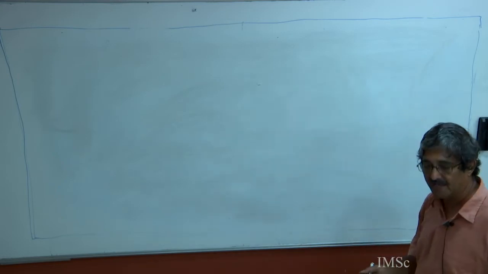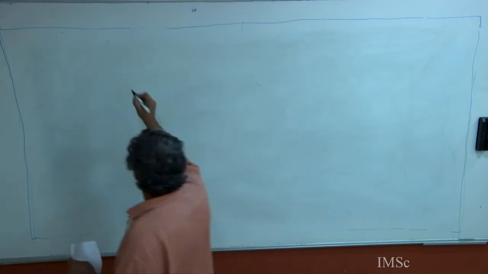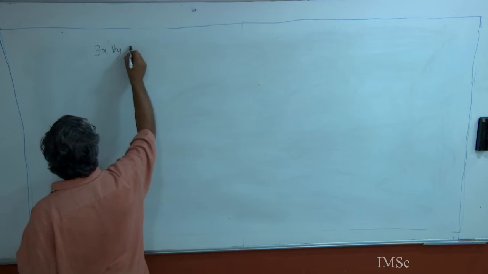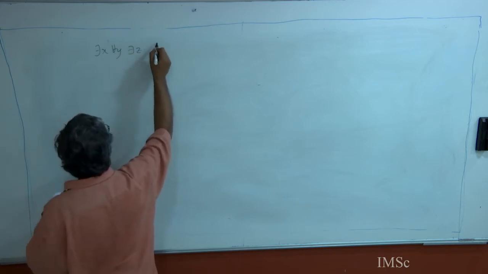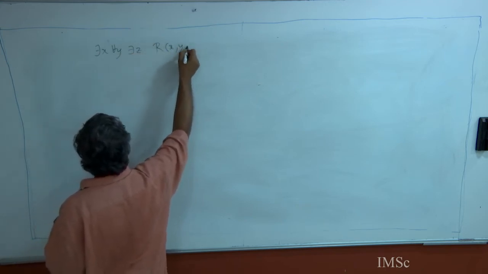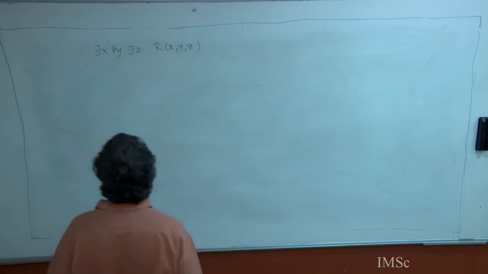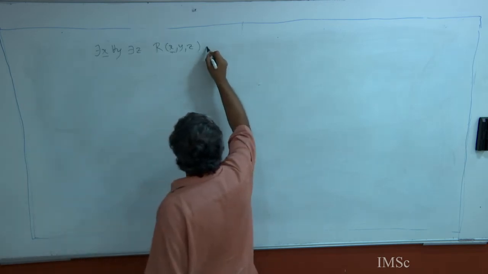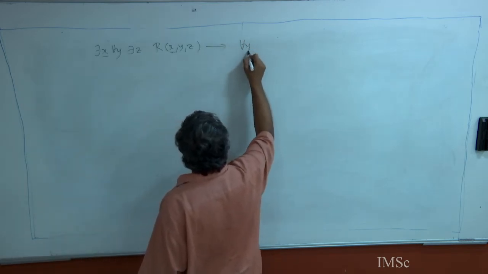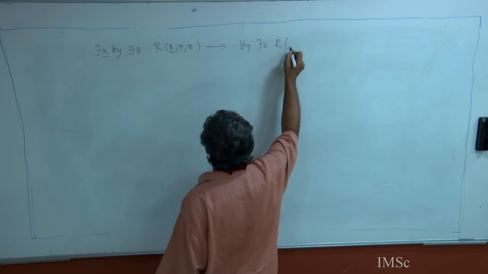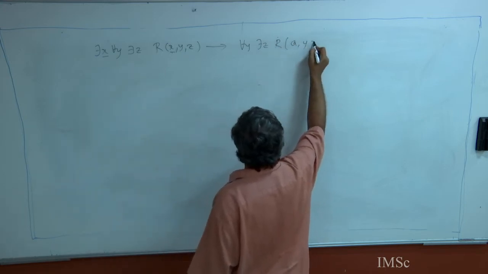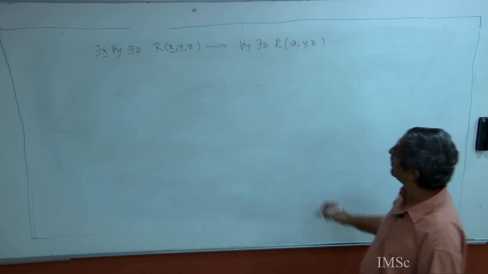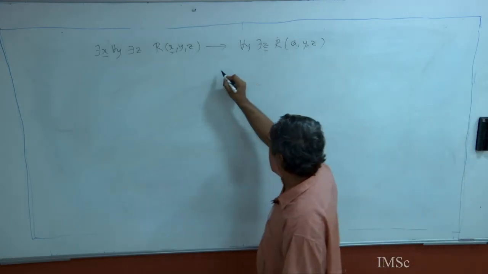Okay. So here is a formula: there exists z R x y z. That's all. So now first you are starting here. So this you can rewrite as for all y there exists z R a y z, where a is a constant, and now the next existential quantifier is here.